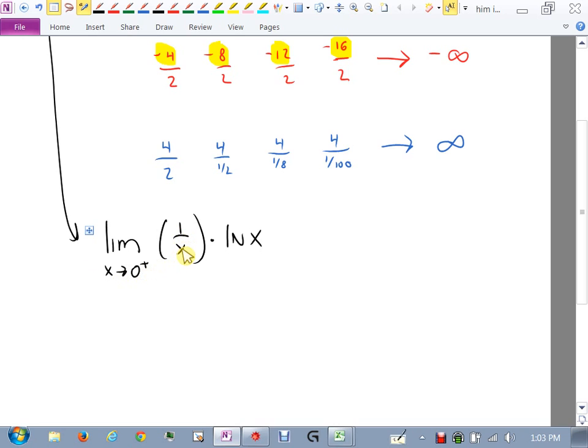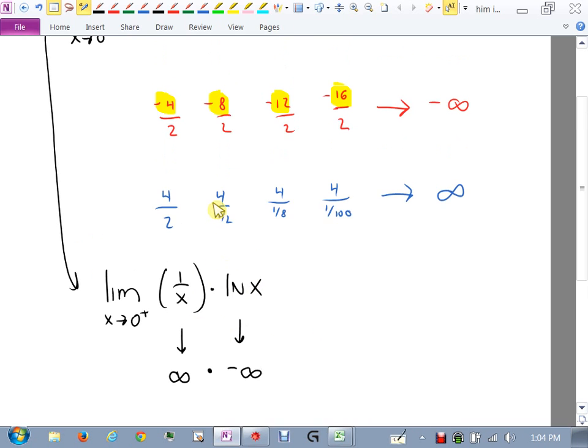Well, fixed over 0 is going to go to either infinity, negative infinity, or does not exist. But the fact that I'm approaching 0 from the right means these are little positive numbers. A fixed number over little tiny positive numbers, or 1 over a little tiny positive number, is going to be a huge positive number. So this is headed towards positive infinity. Then times, what do we say this is headed towards? Negative infinity. If you multiply positive infinity times negative infinity, you get negative infinity. That making sense? Okay. So either way, you can look at it this way or you can look at it this way.